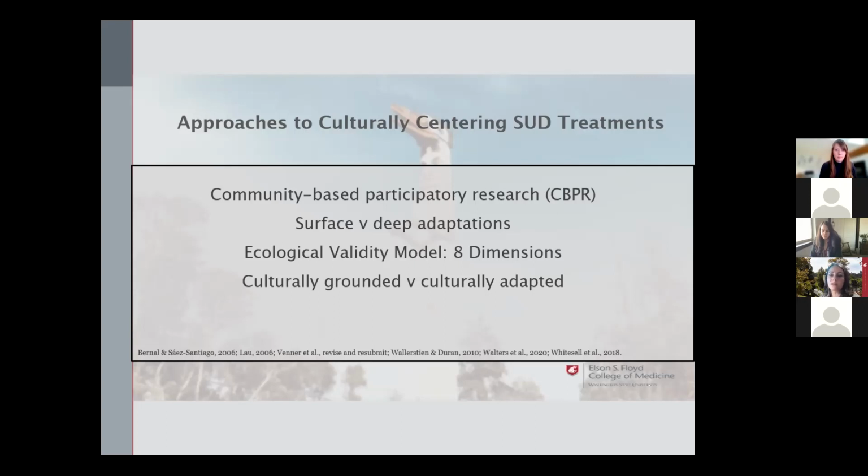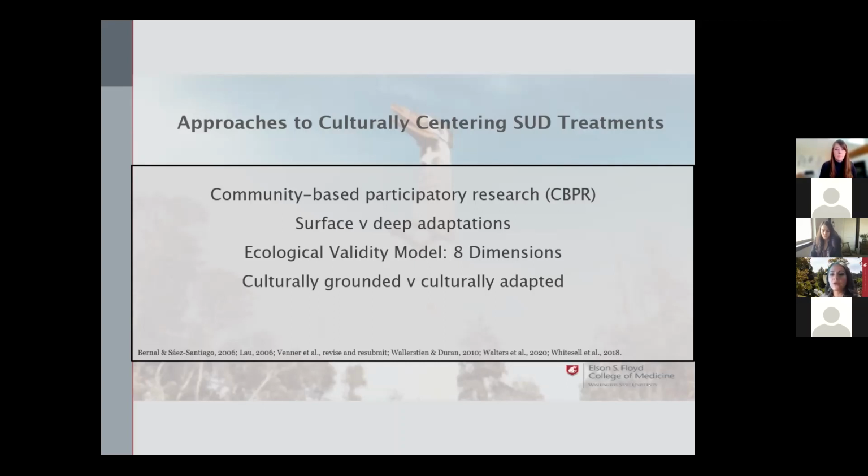Folks argue that this protects against potential iatrogenic effects, that cultural adaptation might accidentally or inadvertently reinforce colonization or stereotyping within the community. So really wanting to make sure that you get away from this, like just add a little bit of indigenous and stir.